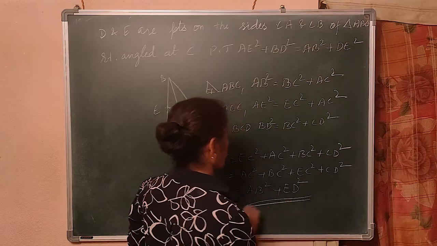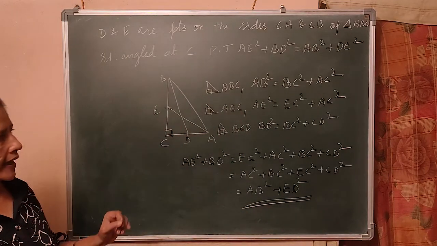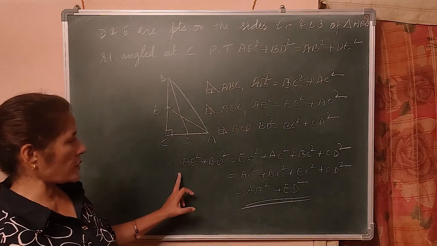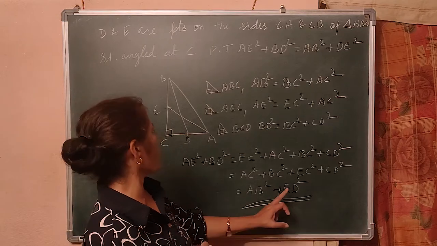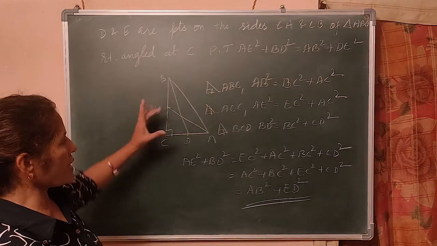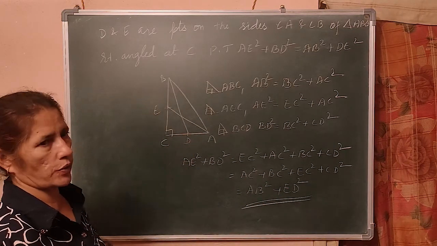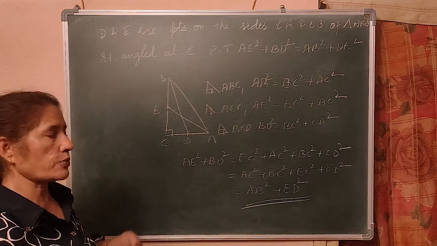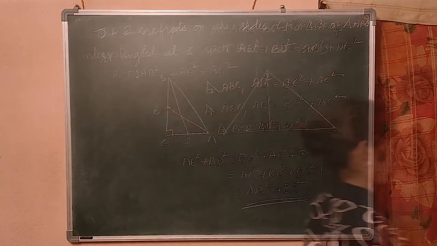So this is the answer: AE square plus BD square is equal to AB square plus ED square. You understood? Let us move on to the next one.